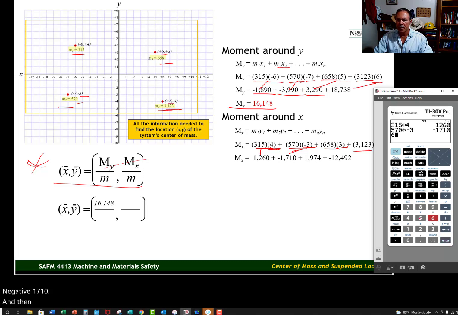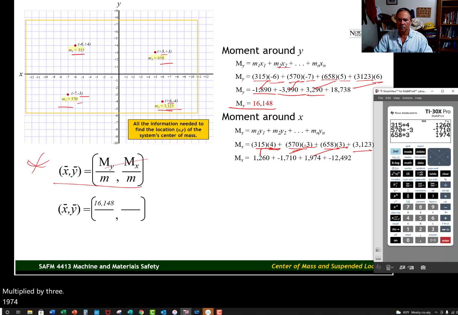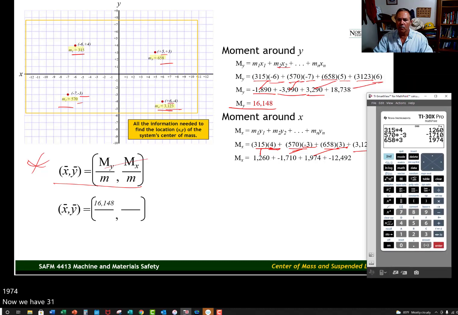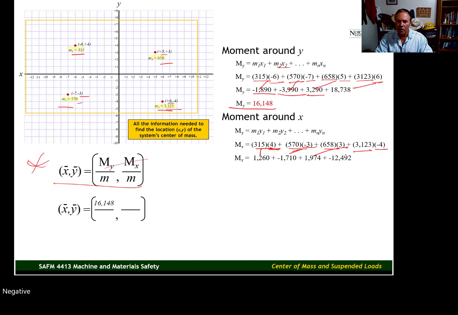And then 658 multiplied by 3, 1974. Now we have 3123 multiplied by -4, -12,492. So now let's add all those up.